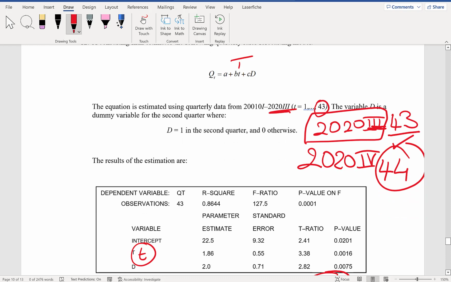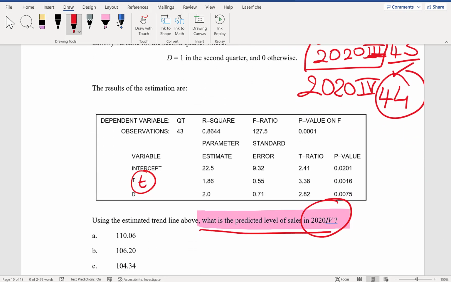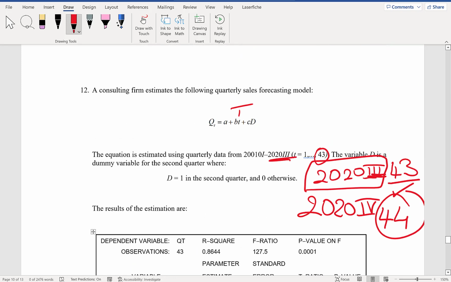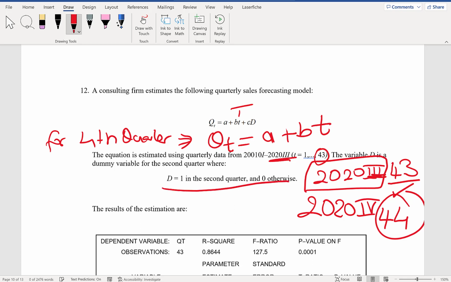So what am I going to do? I'm going to write down this equation for any fourth quarter first. For the fourth quarter, this equation becomes QT equals A plus BT. D takes on a value 0, therefore the C term vanishes. So this is my equation.